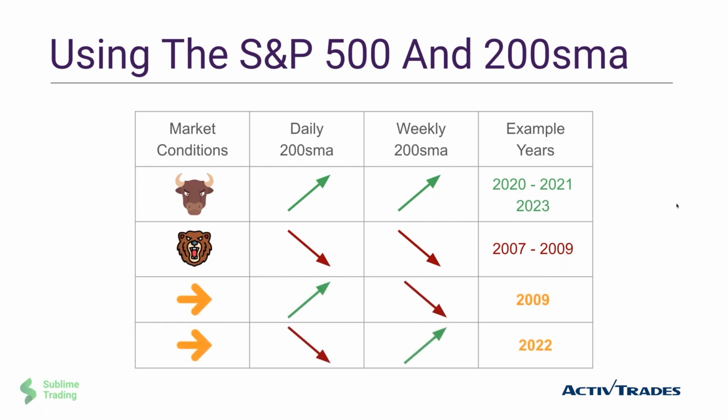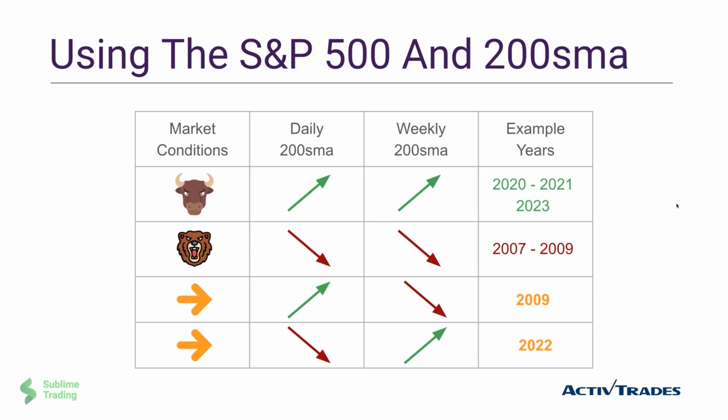And then if we have any other combination, we tend to stand aside. So when the markets are bullish, we take long positions. When the markets are bearish, we take short positions. If there's a mixture of time frames above and below the 200 SMA, that's when you want to be standing aside and protecting capital.